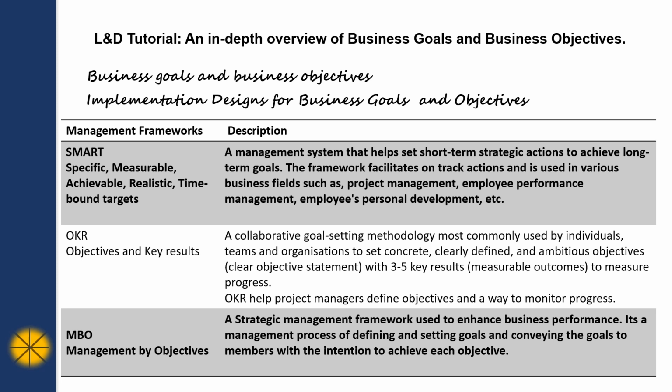OKR is another performance management system, which means objectives and key results. It's a collaborative goal setting methodology that helps creating objectives aligned with goals and motivate teams' engagement around measurable outcomes. OKR is a goal tracking framework. The original concept of OKR originated from Intel and spread to Silicon Valley.